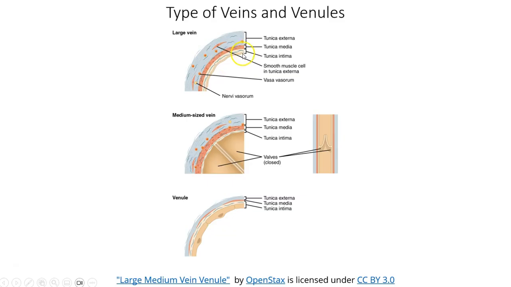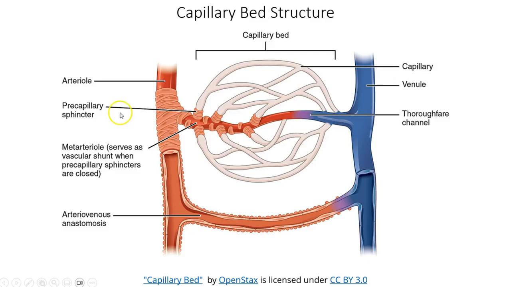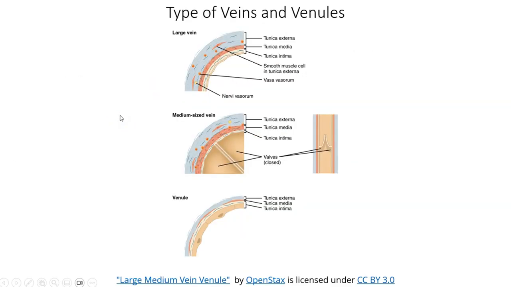In there, we do still have the vasa vasorum and nervi vasorum, so nerves and blood vessels going to the blood vessel. We do still need to be able to feed these cells and everything, so we're still going to have those vessels in there.